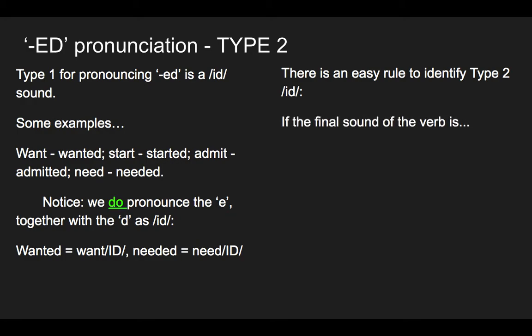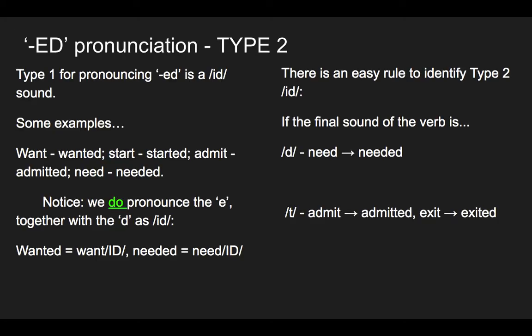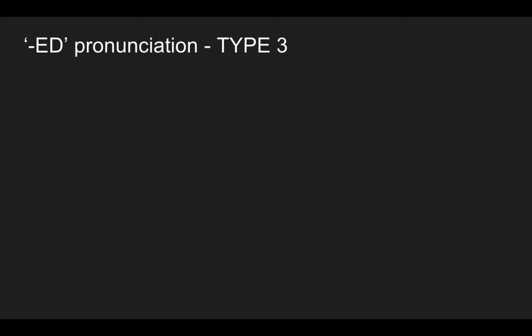If the final sound of the verb is d, need, or t, admit, exit, admitted, exited, then we pronounce the past participle with this id sound, type 2.